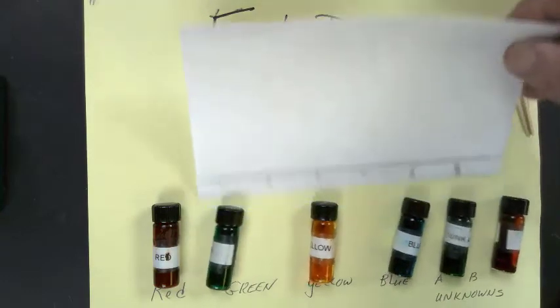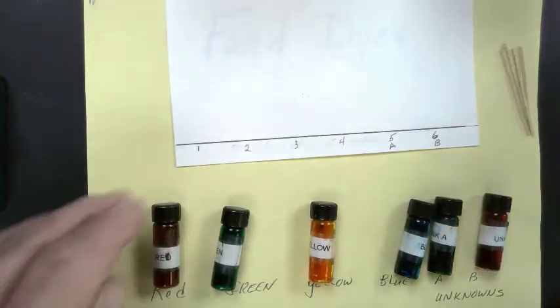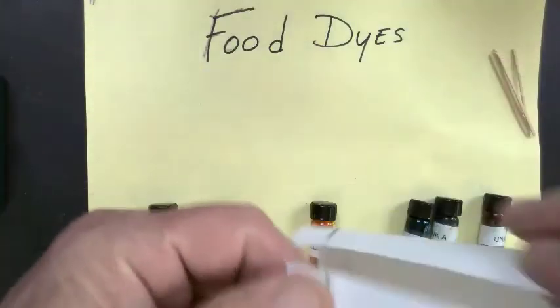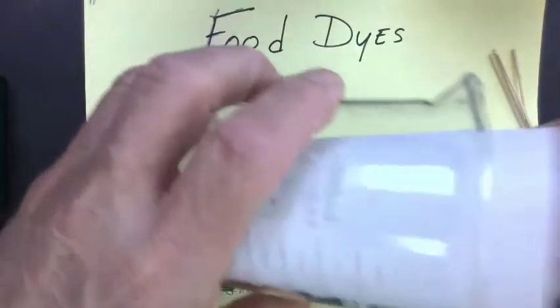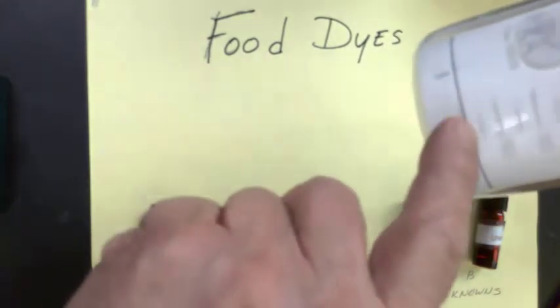If you'll notice at the bottom, I put a line up off the bottom, because when you develop a chromatogram, you have to roll it into a cylinder, place it in your beaker, and I do not want my liquid up to that line.